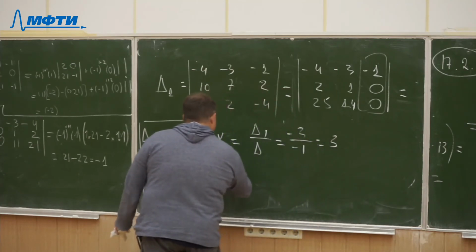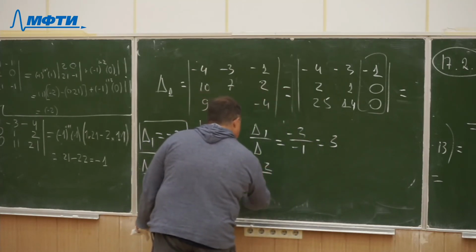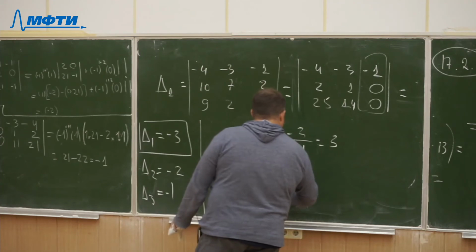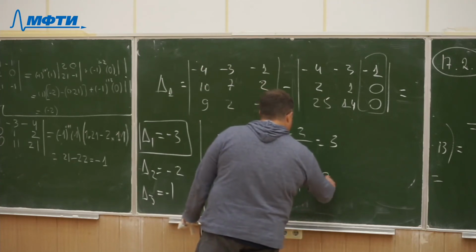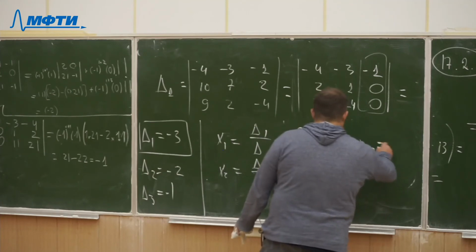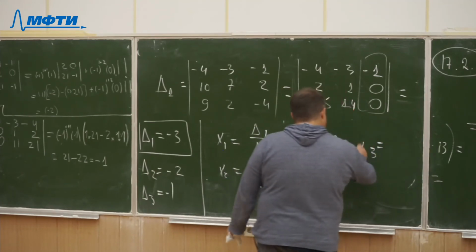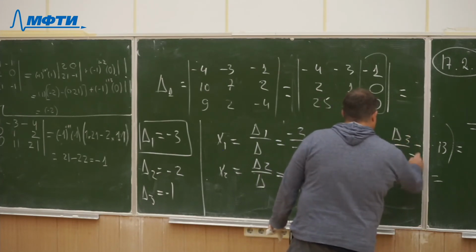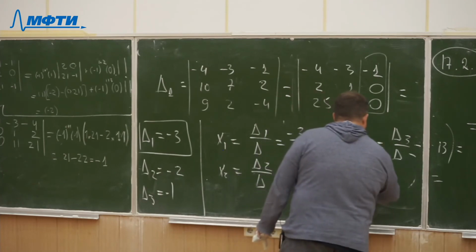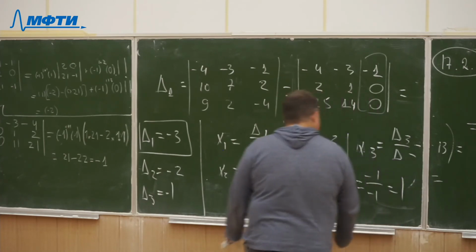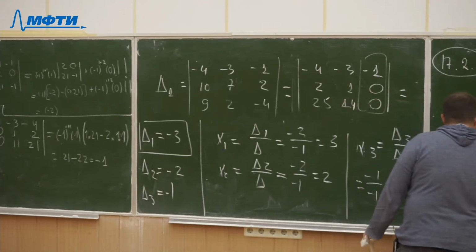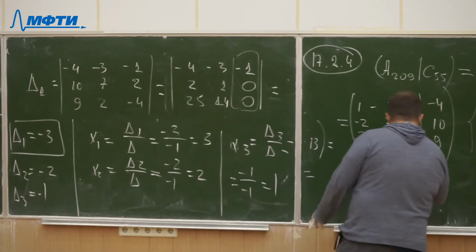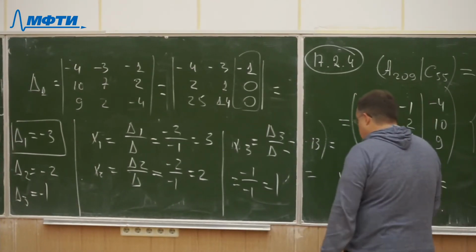X sub 2 equals delta sub 2 divided by delta equals minus 2 over minus 1 equals 2. And x sub 3 equals delta sub 3 over delta equals minus 1 over minus 1 equals 1. So x1 equals 3, x2 equals 2, and x3 equals 1.